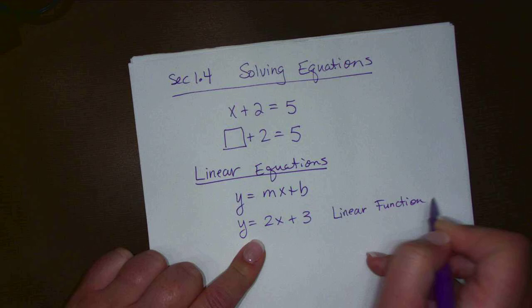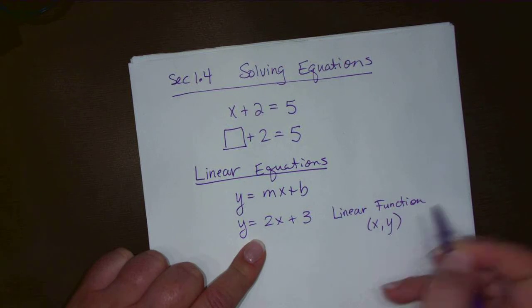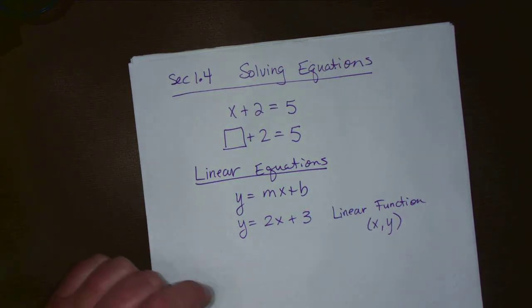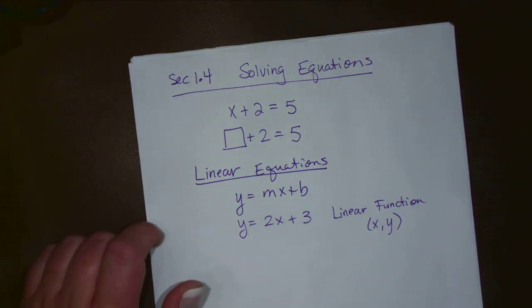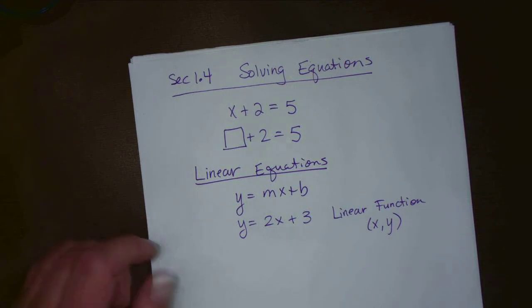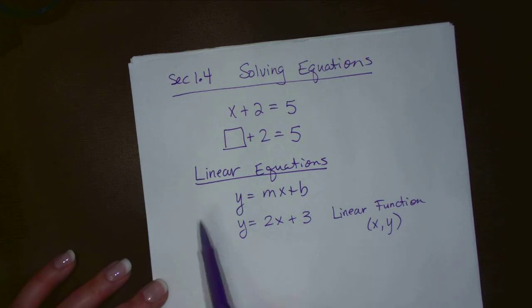A function has an x and a y in it. So that is not a linear equation that we're solving for the missing variable. That's a function. Okay, so linear, the highest power of x is 1. That's what a linear equation is.